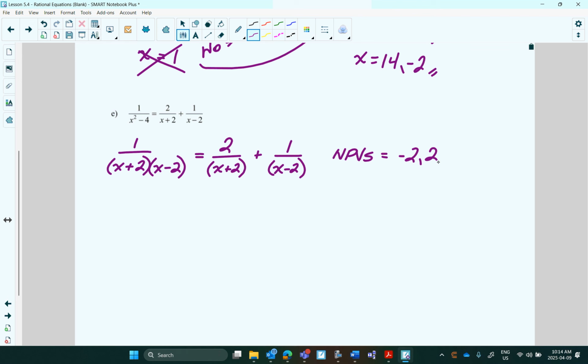What do I have to multiply everything by? X plus 2, x minus 2, right? That's the LCD. So this is going to be a long step.